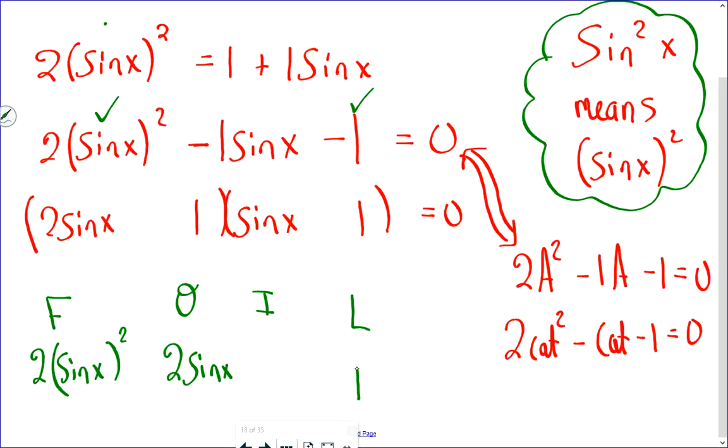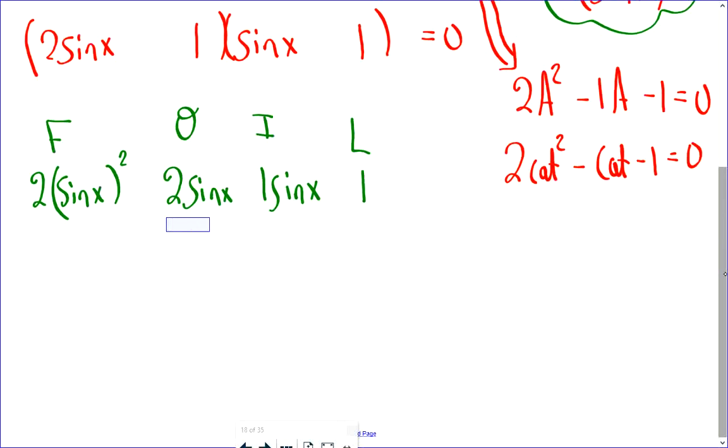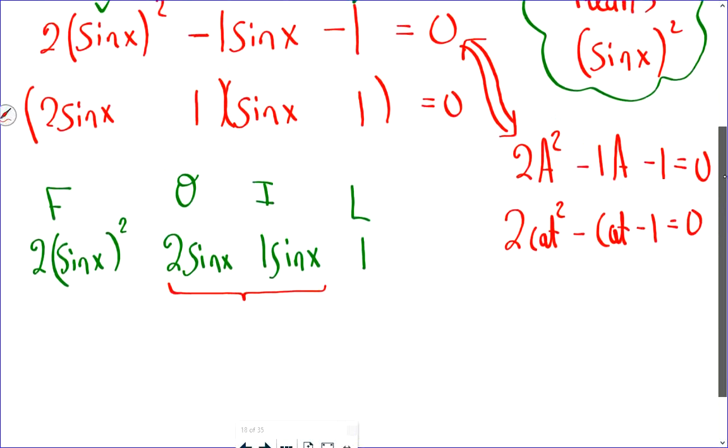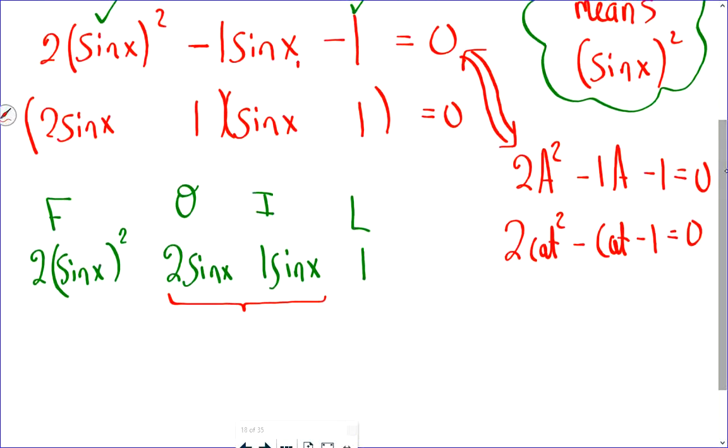My inner, I get 1 sine of x. And the question is, can I combine these in some way to get that? And the answer is yes. If the 2 sine of x is negative and the 1 sine of x is positive, that would give me the negative 1 sine of x.